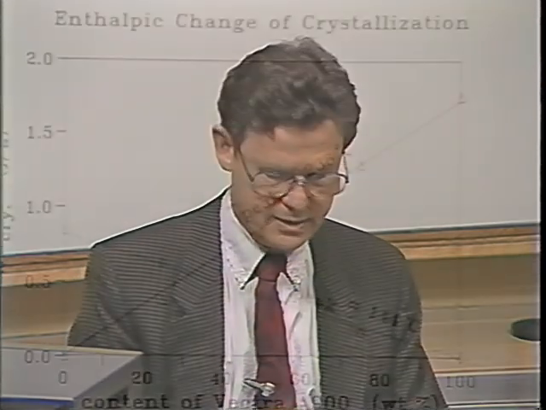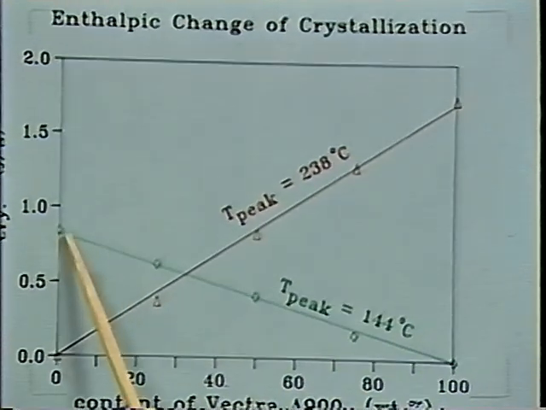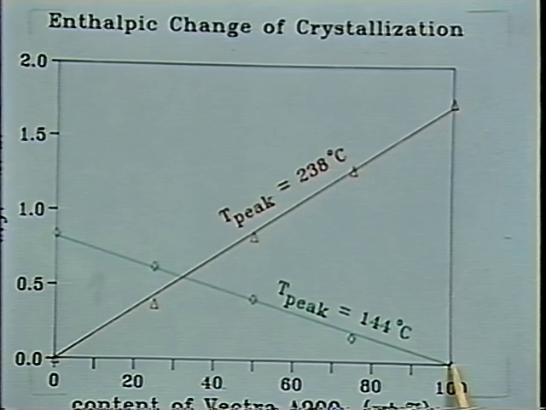The peak, the strength of the peak, or the area under the peak, now depends on the content. If the Vectra content goes from 0 to 100%, the peak associated goes from 0 to its full value, and the peak of the Tennessee Eastman material goes from its full value to a 0 value.